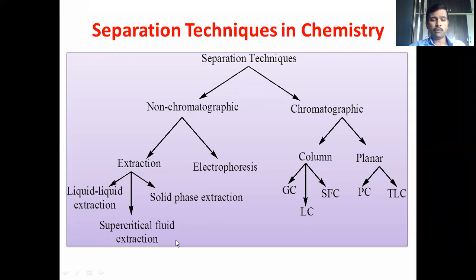And we also have the knowledge to convert any species into a supercritical fluid by heating a particular substance above its critical temperature. By applying pressure above its critical value, we can convert liquid into a supercritical fluid state. Supercritical fluid state is an intermediate state between liquid and gaseous state.